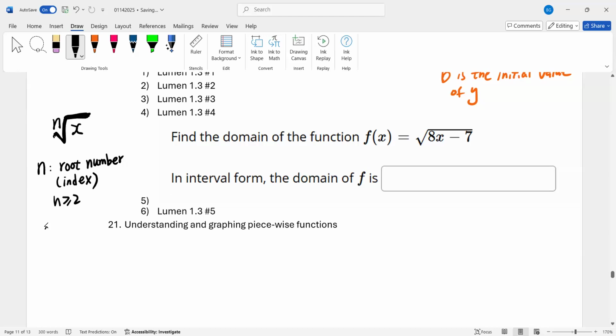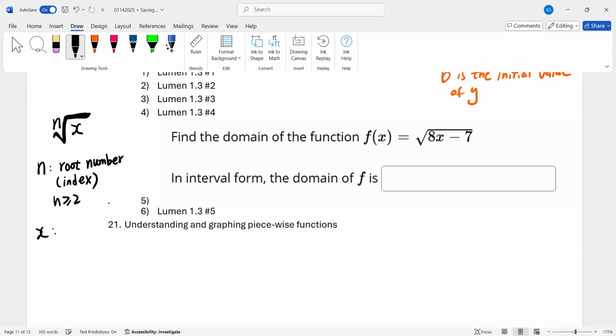And it could also be 4 or 5 or 6, higher whole numbers. When you do not have a number in that spot, that means the radical is a square root. The root number is defaulted as 2.